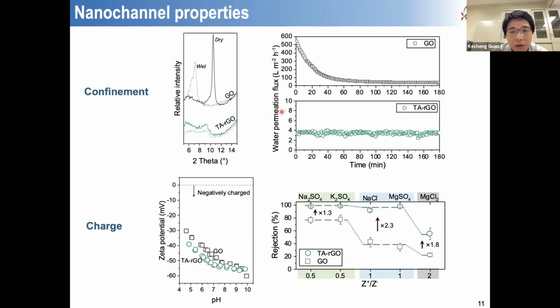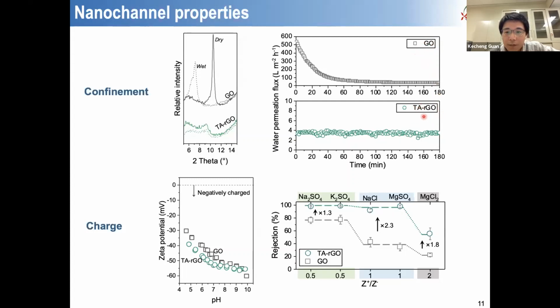More obviously, from the water permeation test, we can see although the initial flux of the original graphene oxide membrane is very high, after some time the flux sharply decreased, to maybe less than 1% of its original flux, which means the interlayer spacing of original graphene oxide is not stable, and will suffer more from the compaction effect during the filtration process.